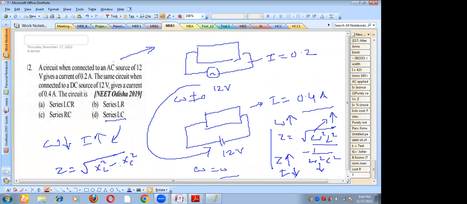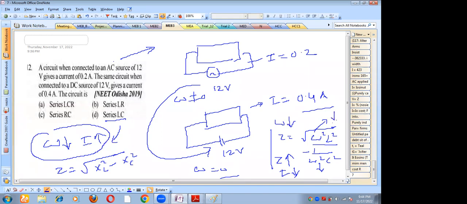But here we are observing that omega is decreasing, right? So we have to take the case of decrease in omega. When omega decreases, what will happen? We have to think the same way.